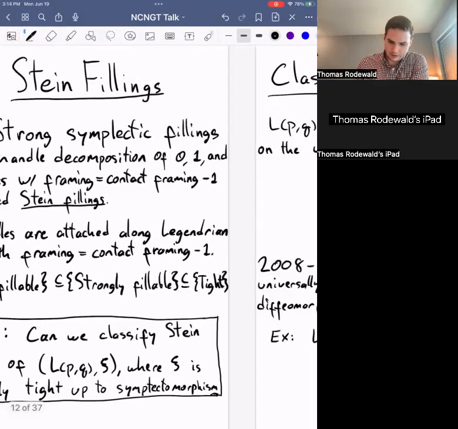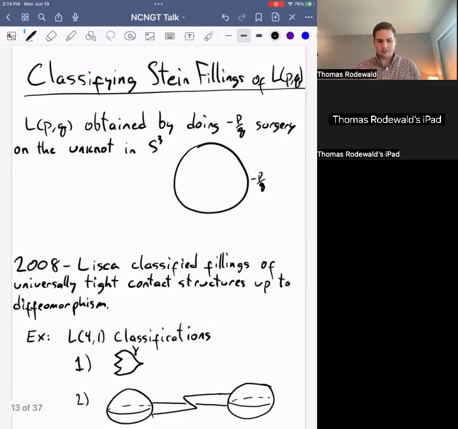So here's what's been done so far in terms of classifying Stein fillings of L(p,q). Remember that L(p,q) is obtained by doing negative p over q surgery on the unknot in S^3. And in 2008, Lisca classified all fillings of universally tight contact structures up to diffeomorphism. If you look at this first example, there's a formula for the TB invariant: it's going to be the writhe of the knot minus the number of left cusps.